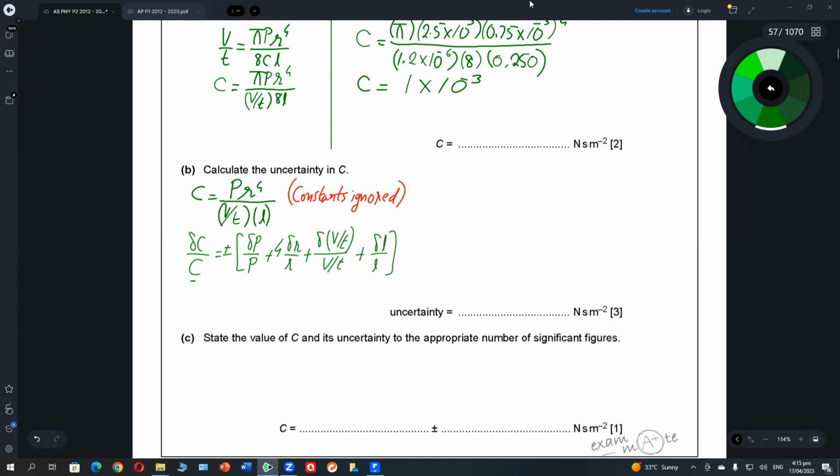Then we should move C to the left-hand side.